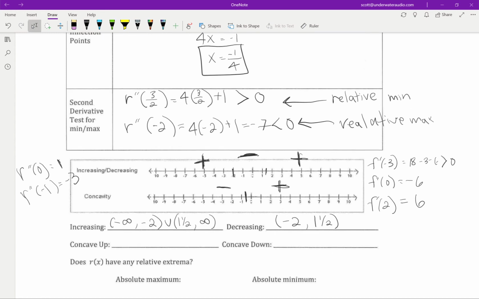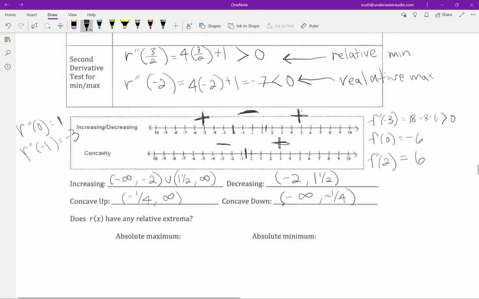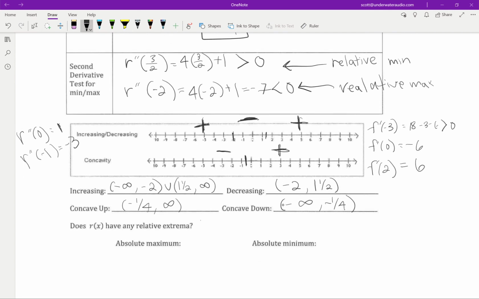And then it's concave up from -1/4 to infinity, and concave down from negative infinity to -1/4. And we already discovered that there's a relative min and a relative max. So yes.